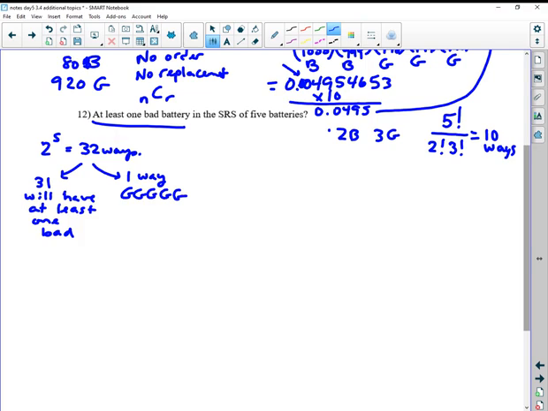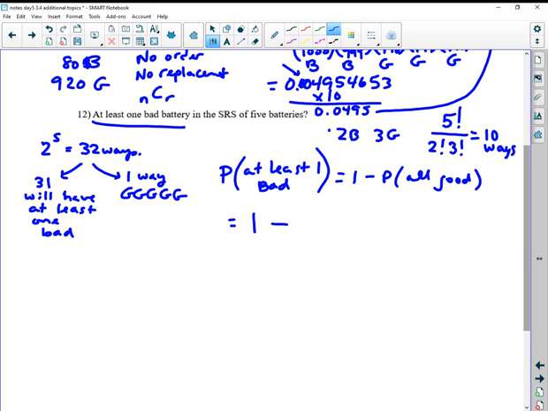So when we're trying to find the probability of at least 1 bad, we're going to do 1 minus the probability all good. So let's do that. 1 minus, I need to get all good.